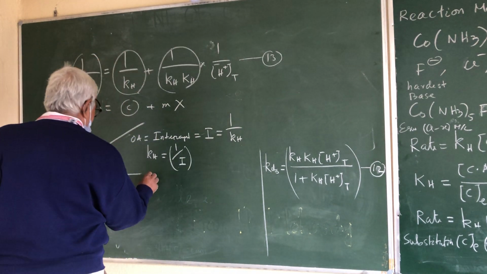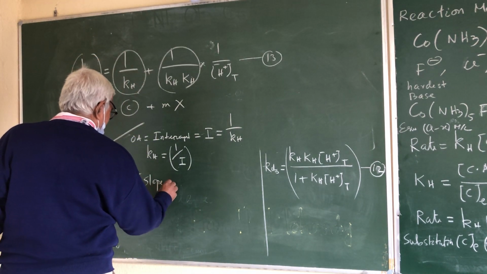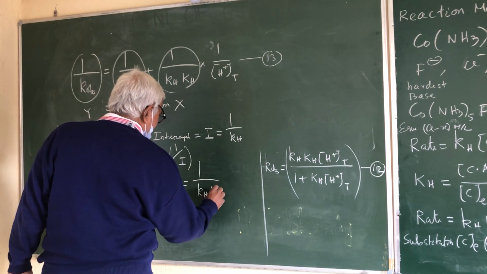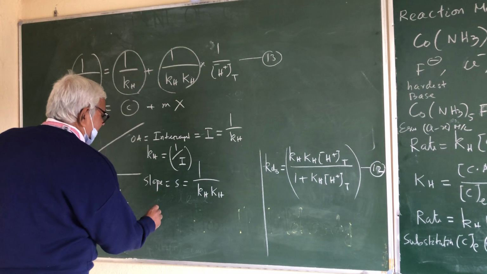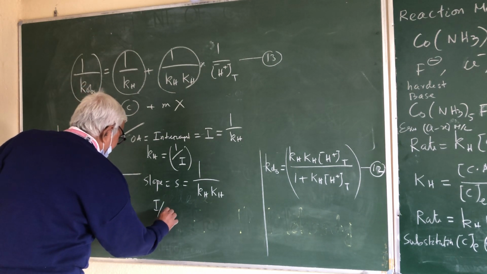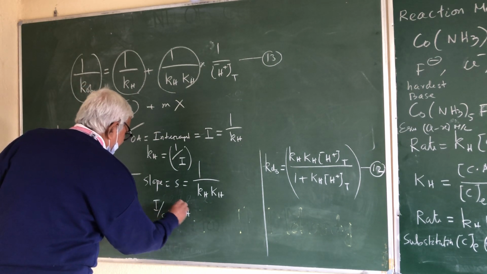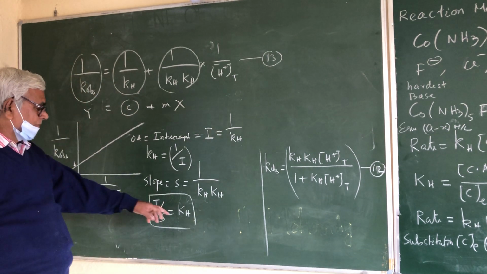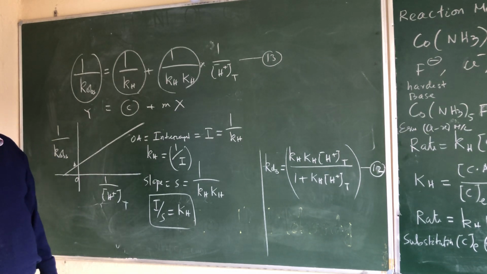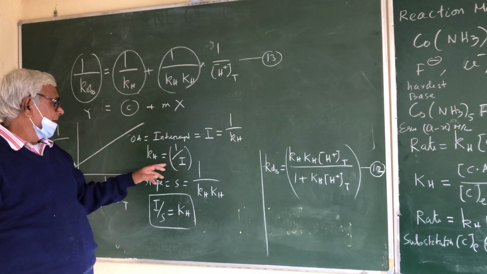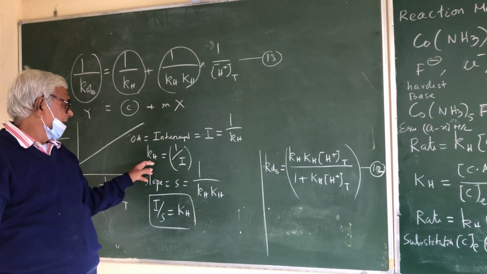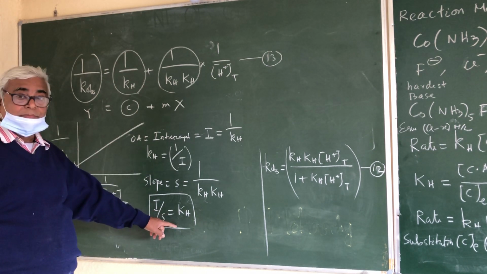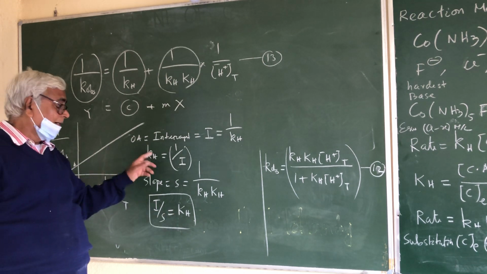And what is the slope? Slope S will be equal to 1 by k into kH. So intercept by slope will give you the value of kH, the equilibrium constant. From the reciprocal of the intercept, we get the value of the rate constant. So you are getting the equilibrium constant and the rate constant.